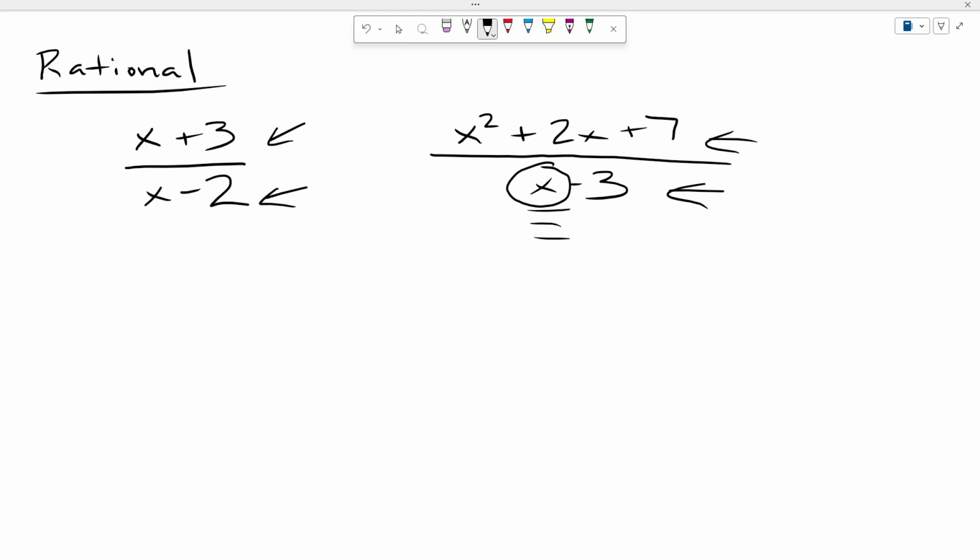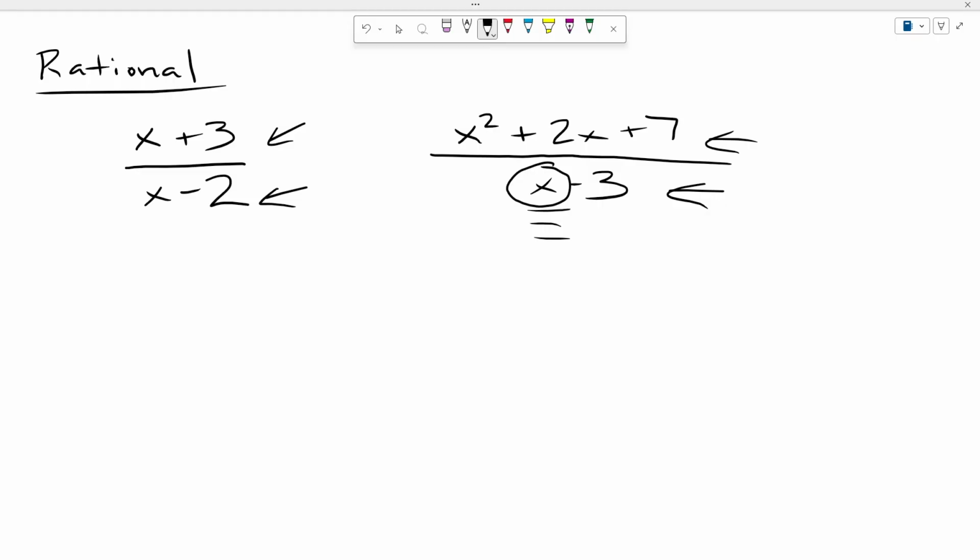Having a variable in the denominator adds an extra step for us. We have to be mindful of any value of x, like say in this case, if x were 3, anything that would make the denominator go to 0, because that would not be included in our solution set.